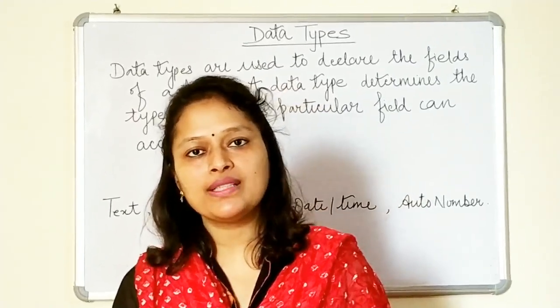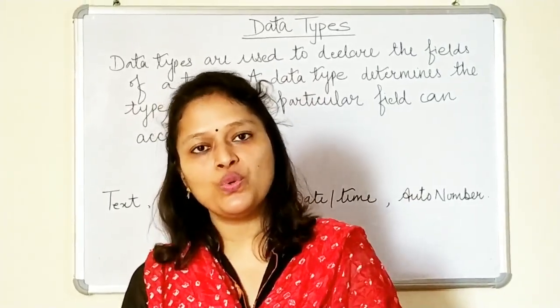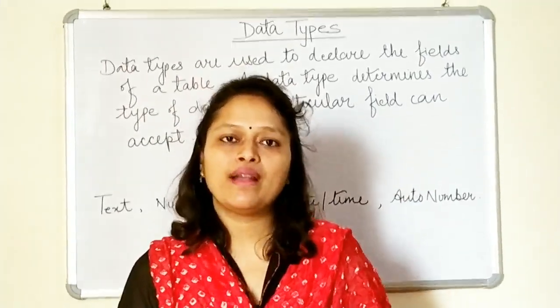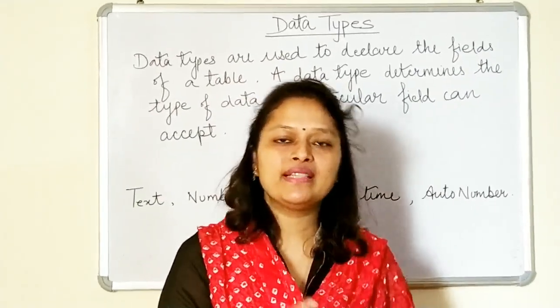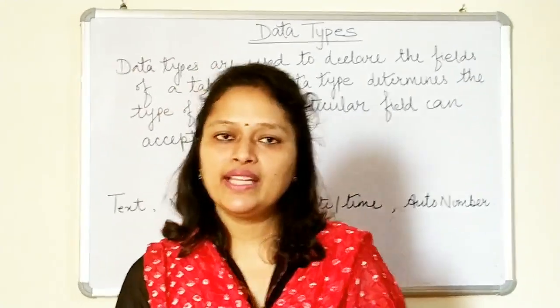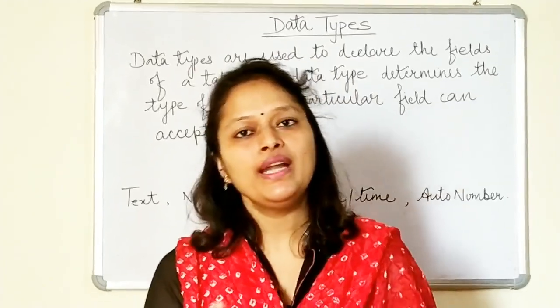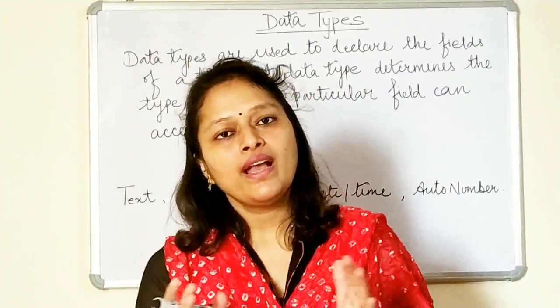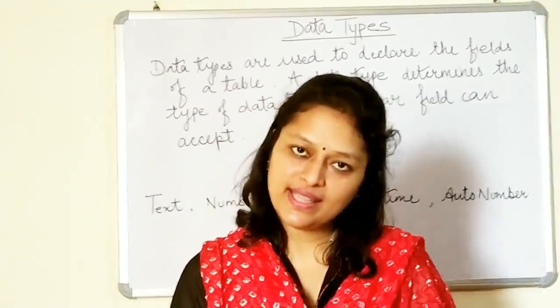If the roll numbers are 101, 102, you can choose the data type number. But if the roll numbers are a combination of alphabets and numbers, suppose A101, then in that case the data type should be text format, because text can accept data in a combination of alphabets and numbers.